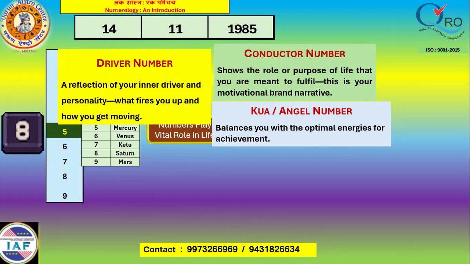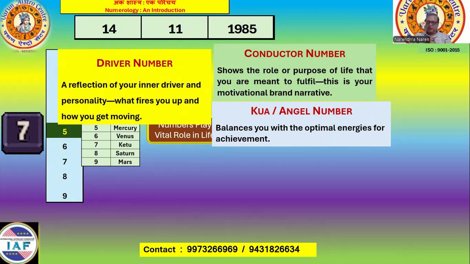It is very difficult to run the vehicle. Then we have to arrange for a mediator who is a friend of both the numbers, the friend of both the driver and conductor. This is also done in numerology itself.